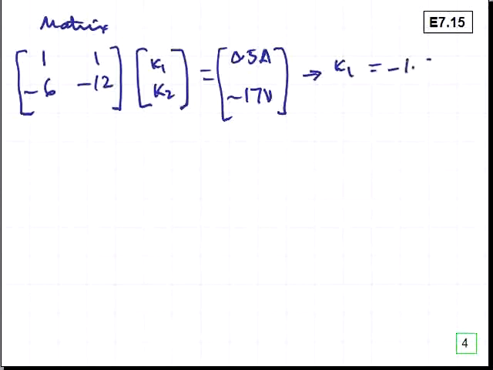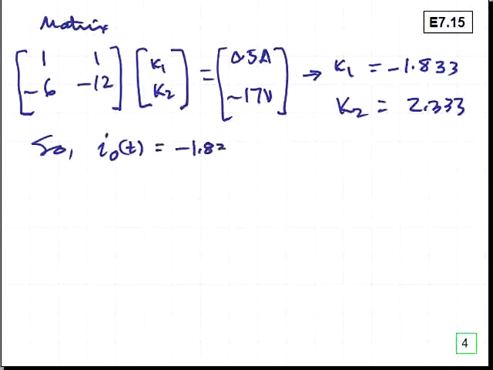K1 is equal to minus 1.833, and K2 is equal to 2.333. So I0 of t is equal to minus 1.833 e to the minus 3t plus 2.333 e to the minus 6t amperes. This is valid for t greater than 0.